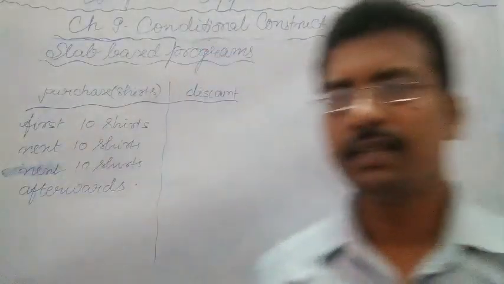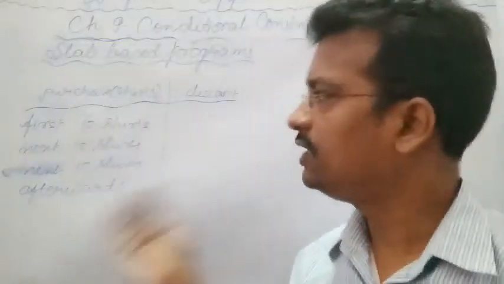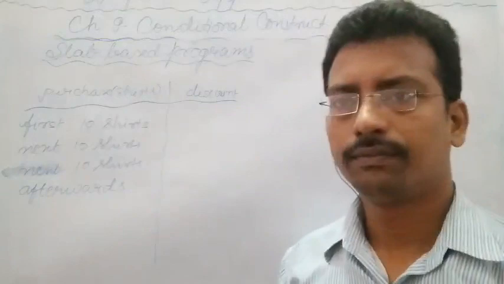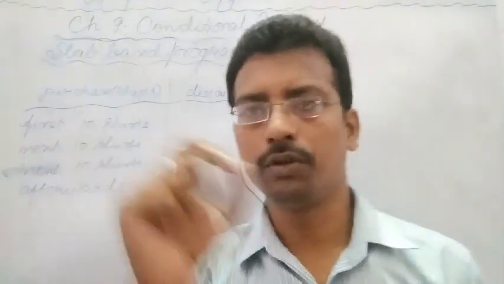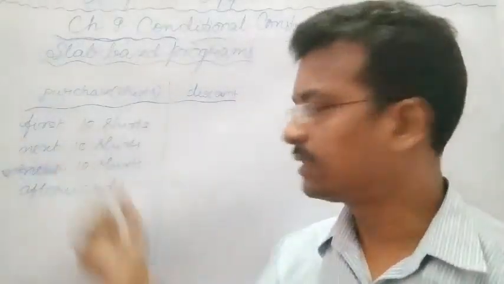Do you know what range it is saying? Have I defined any range here? First 10 is surely indicating 0 to 10. Yes or no? But next 10, next 10, next 10.